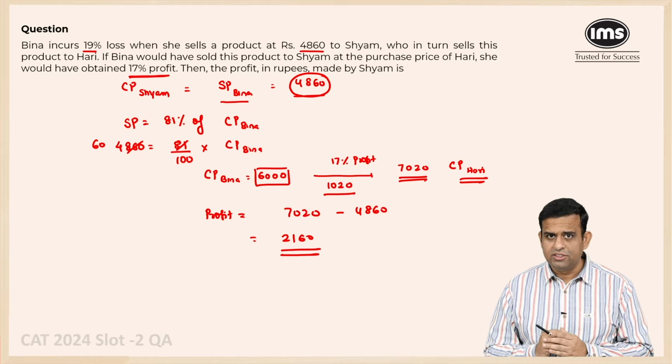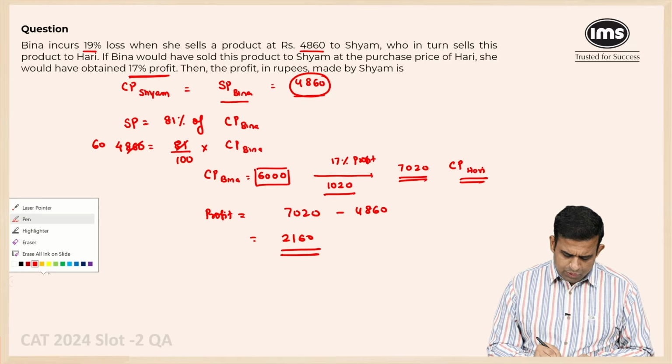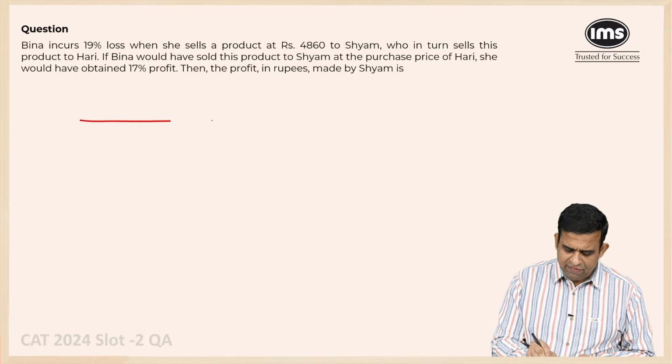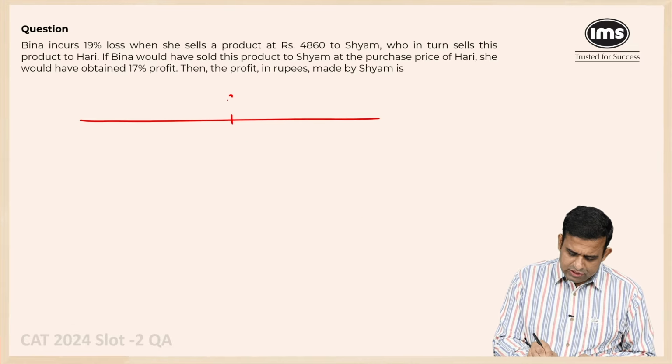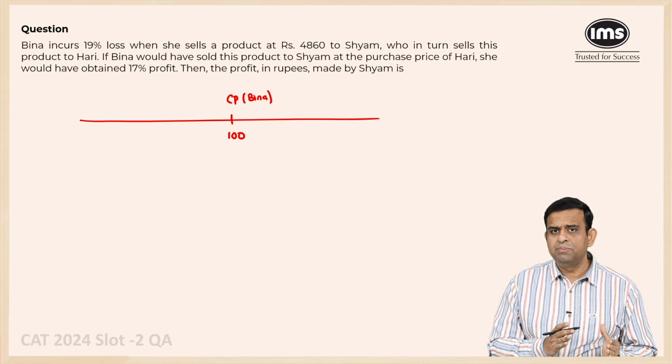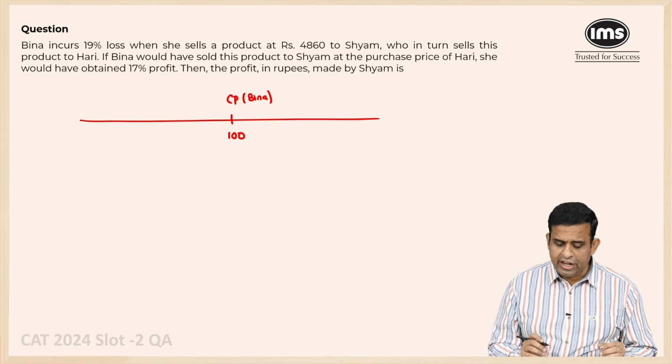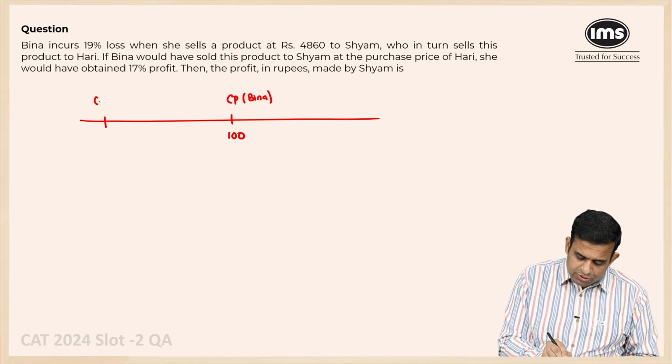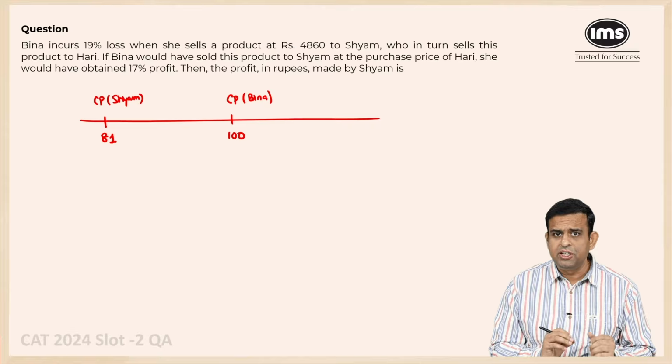Let's make it slightly simpler. What I could have done is, suppose I take the cost price of Beena as 100. In the first case, Beena is selling to Shyam at a loss of 19%. So the cost price of Shyam will simply become 81 because of the 19% loss.